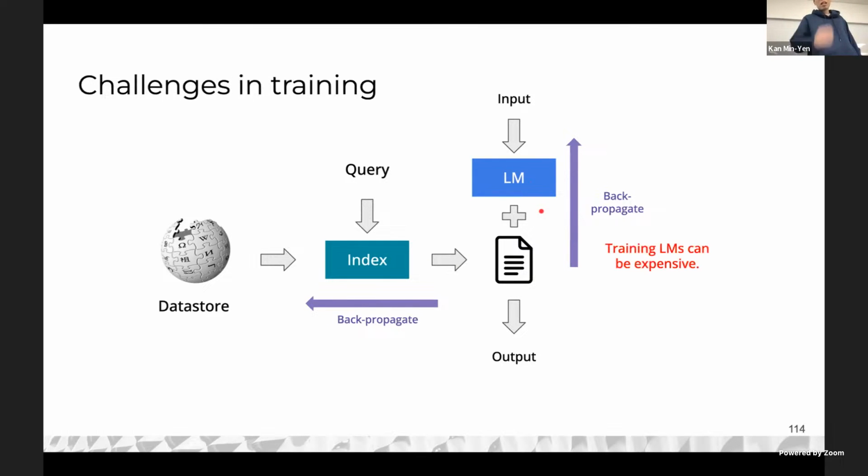But it's not that easy. First, we all know that training LMs itself is already very expensive. And for the retrieval side, if we need to update the encoder, this means we also need to rebuild the index again. Since the index can be very huge, sometimes in terms of billions of tokens, it will take a lot of time and a lot of resources to rebuild this index as well.